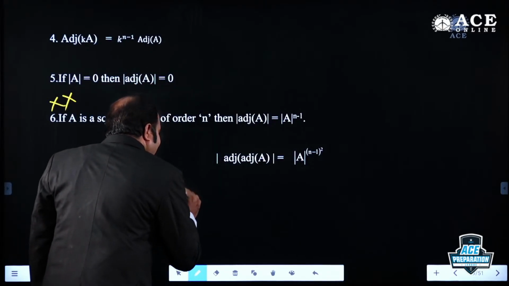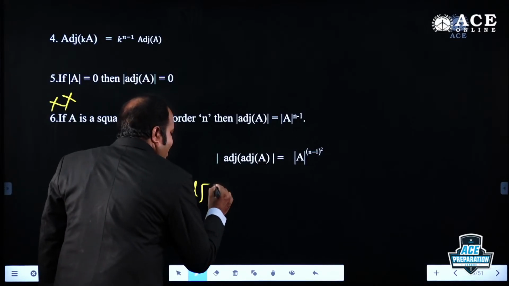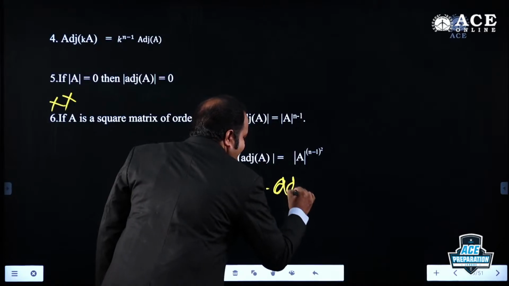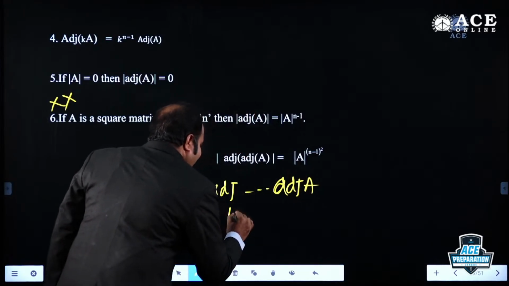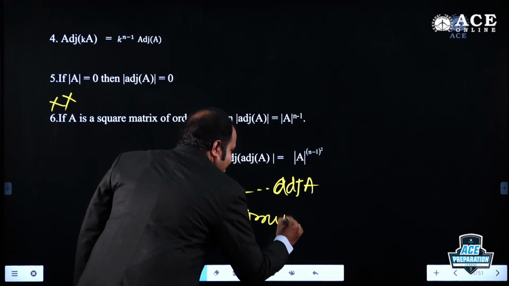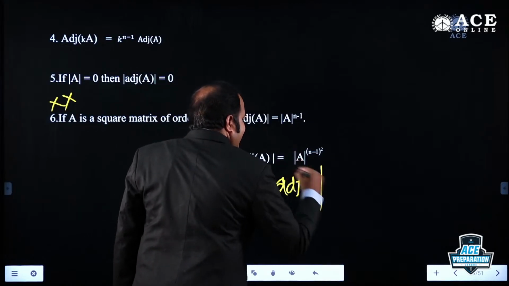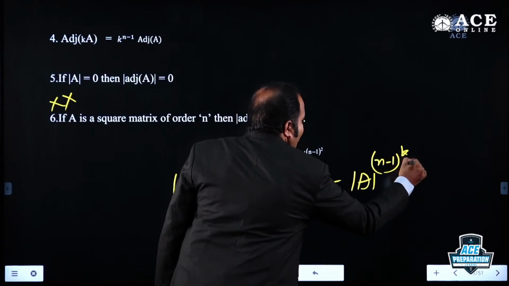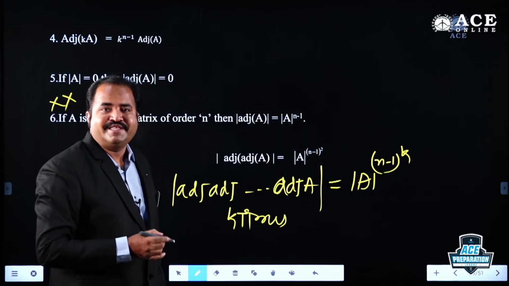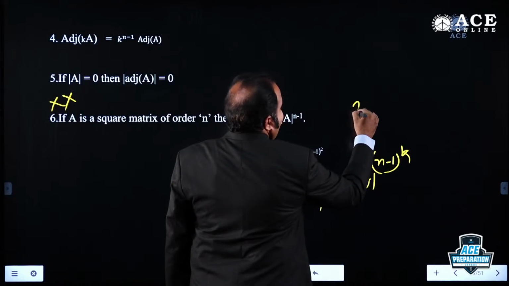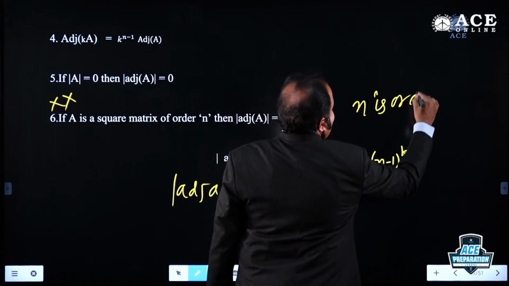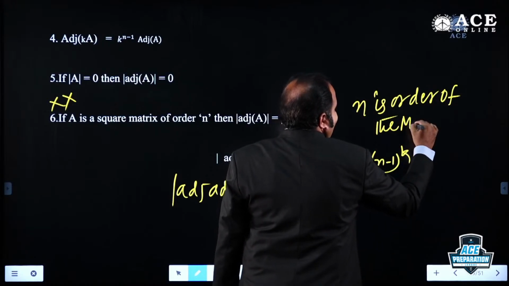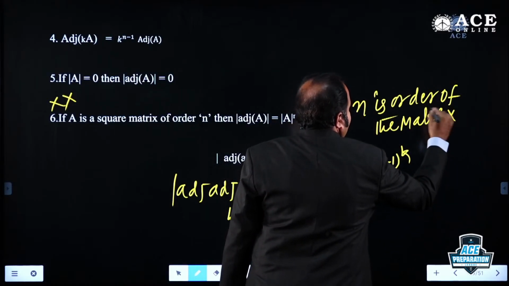In general, adjoint of adjoint of so on, adjoint of A, k times, is equivalent to det A whole power n minus 1 whole power k only. What is n here? Here n is the order of the matrix, that is, the size of the matrix.